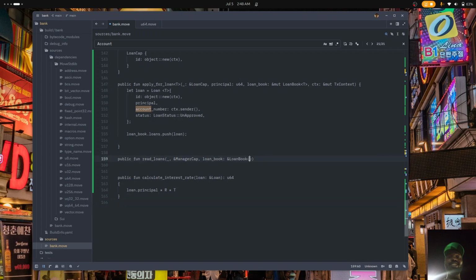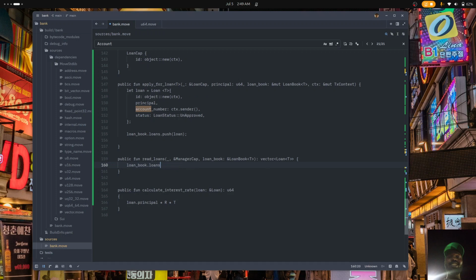Now I want to iterate, don't stress the chain. So vectors of loans.